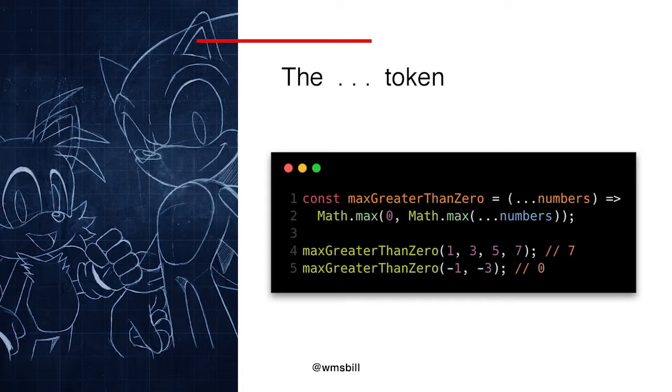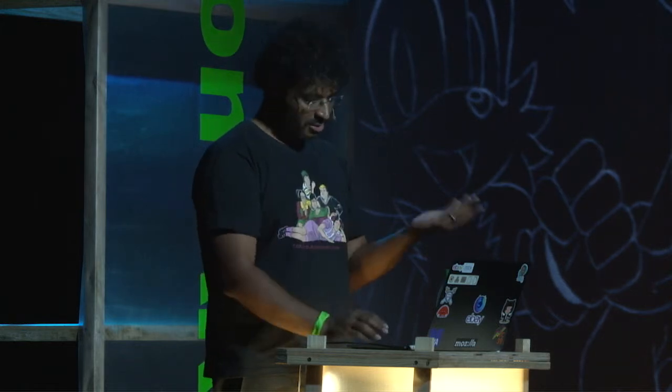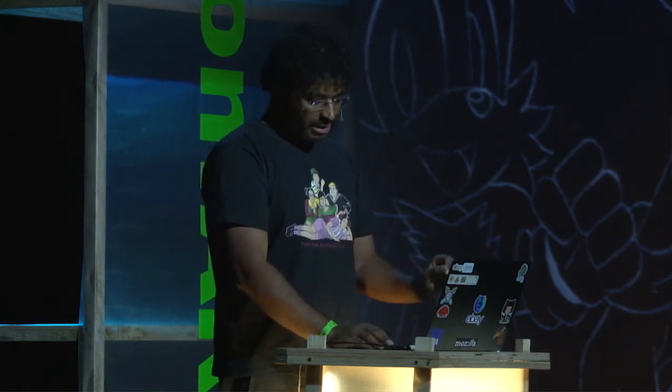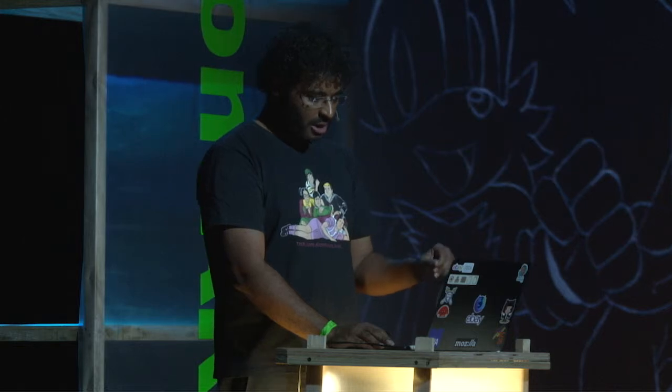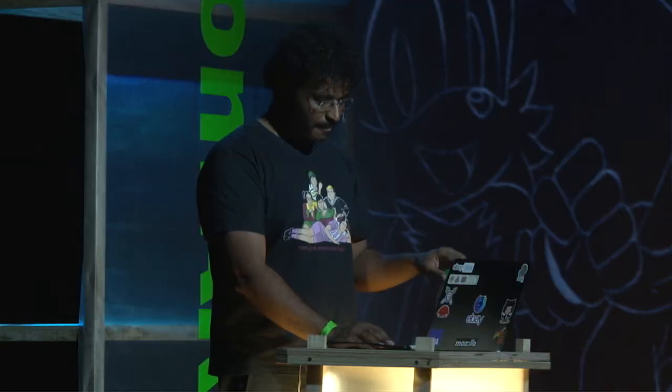Whenever we call this function with numbers, it returns the maximum one, but whenever we just send numbers below 0, it just returns 0. So this is a way to achieve that, but with the ellipsis token, we can just do it like this. So you bind the first one with 0, then you don't care about the rest, and then you just call it, doing whatever you want to do.